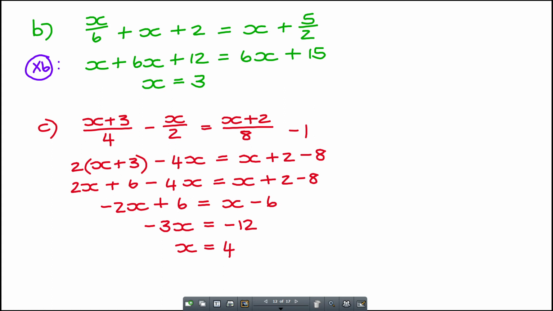How to get to the second step. Okay, so I had fractions here. There was a denominator of 6 and a denominator of 2. So the lowest common denominator, I'm going to make 6. But an alternative is to say times 6, which means I'm going to multiply every single term with 6.